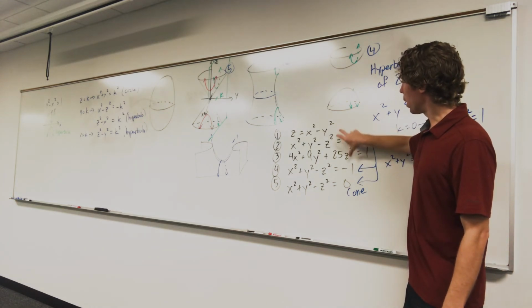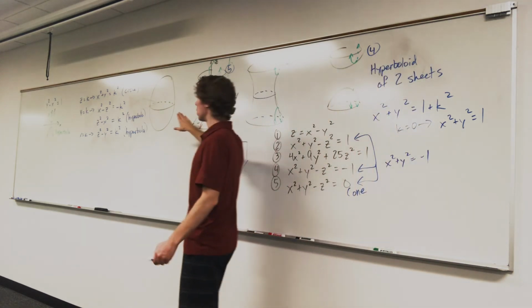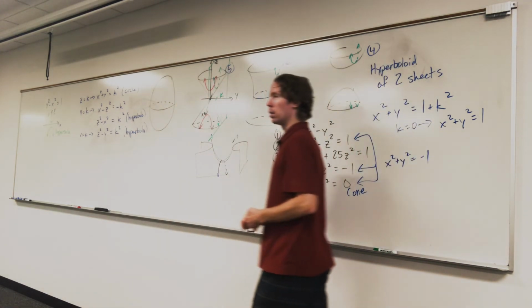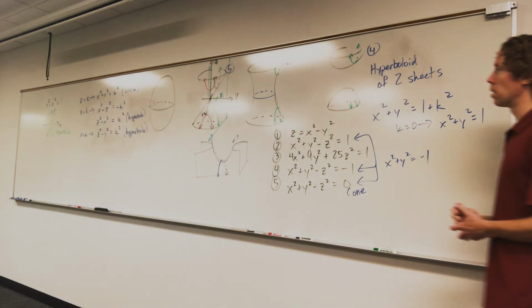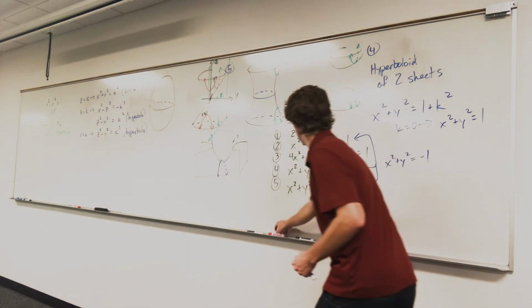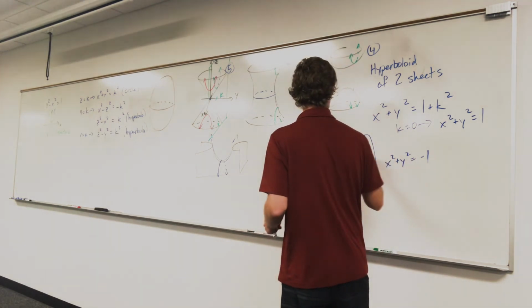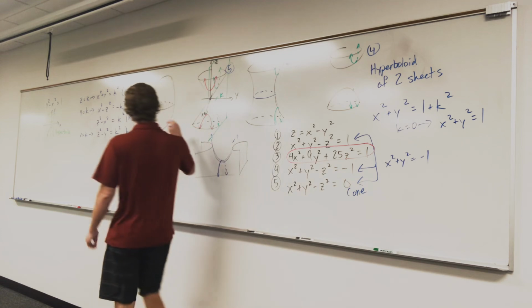All right, out of the remaining equations, 1 and 3, which one do you think is this egg? Okay, number 3. What do you guys think? You think this is number 3?